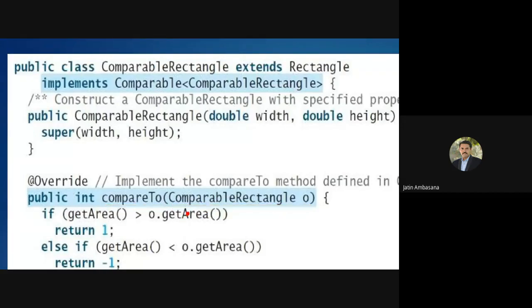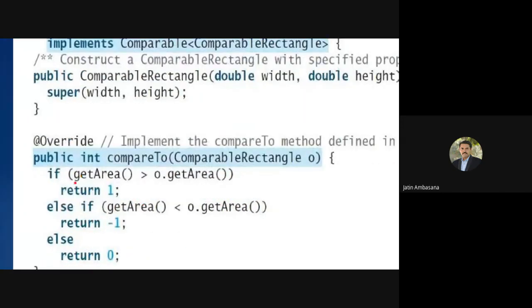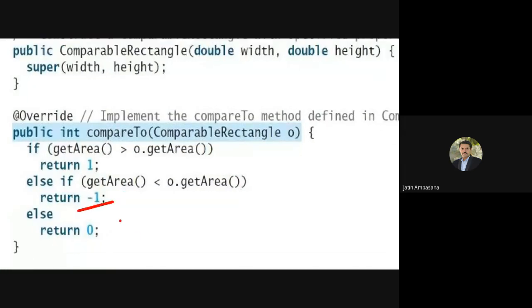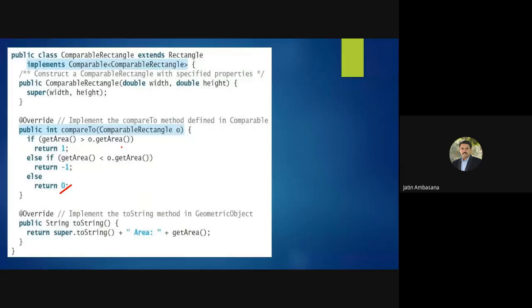And what does it compare? Check this out. It gets the area of the current calling object, the object that calls compareTo. If the area of that object is greater than the area of the passed object O, then we return 1. Otherwise, if it is smaller, then we return -1. Otherwise, we return 0. It means both areas are the same. As simple as that. Right?